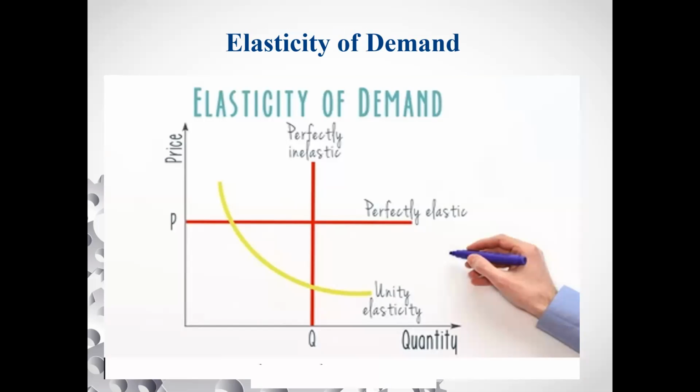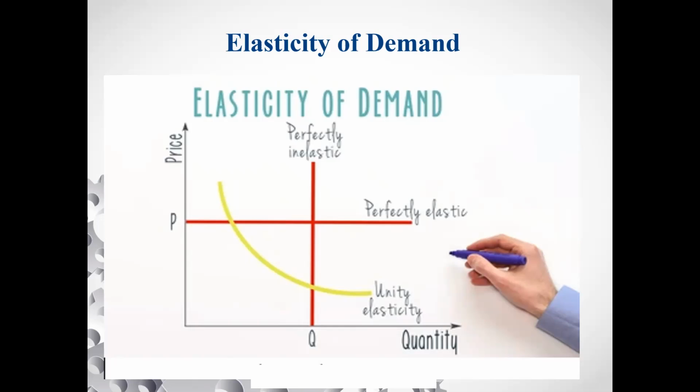For example, if a product's price is 10 rupees, we used to purchase more, so the demand for that particular product or commodity will be more.